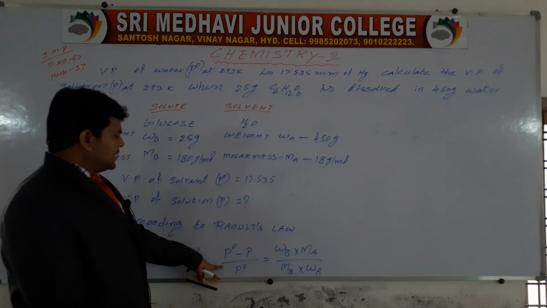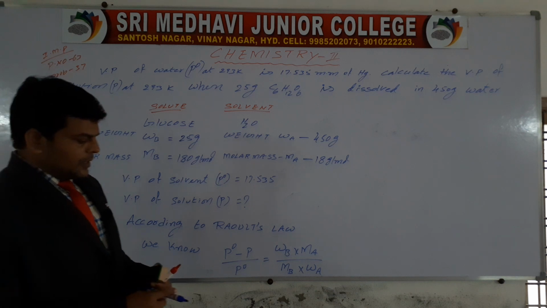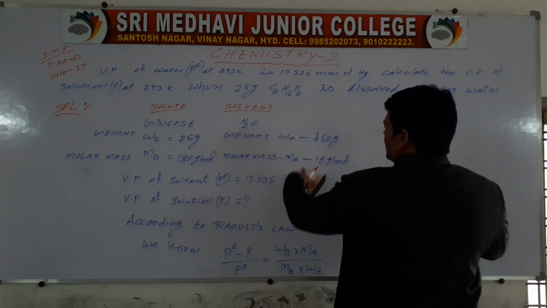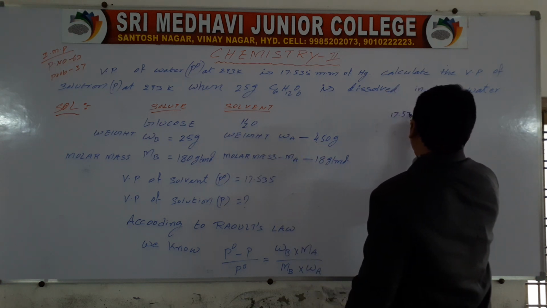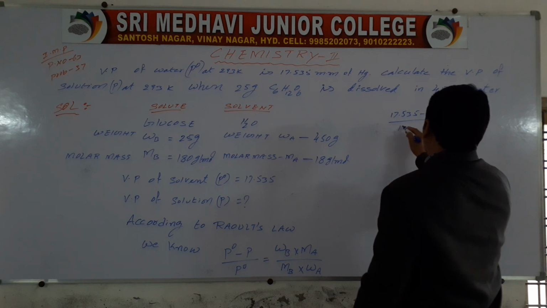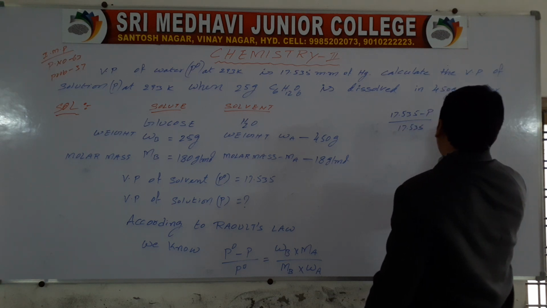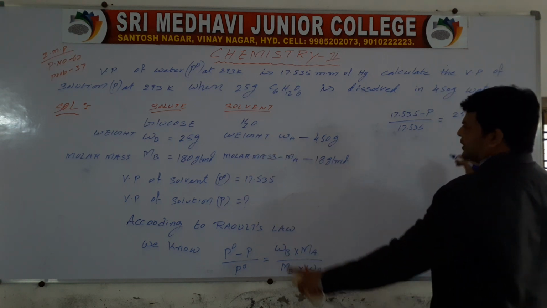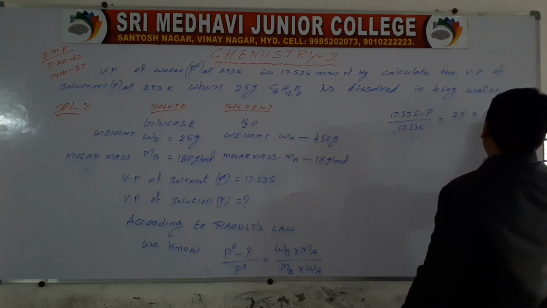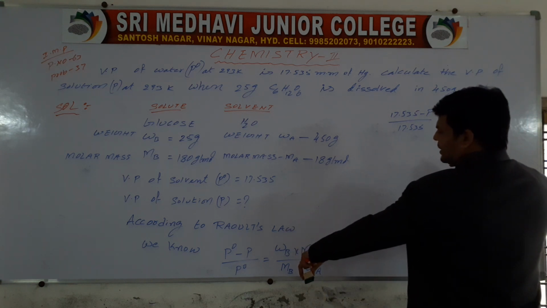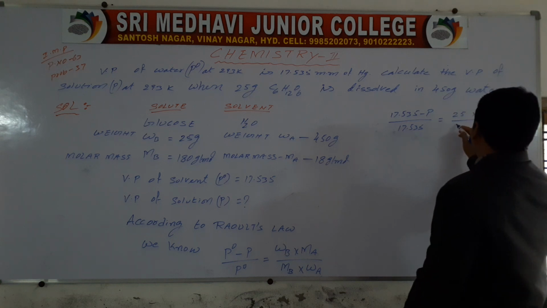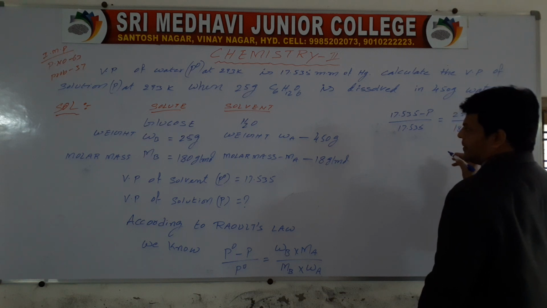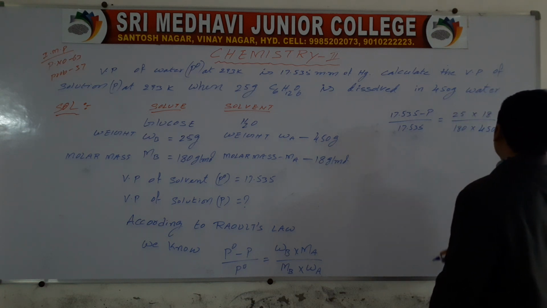In this equation you have to substitute all these values. P naught is 17.535, so (17.535 minus P) by 17.535 equals Wb, which is 25, into Ma, which is 18, by Mb, which is 180, into Wa, which is 450.